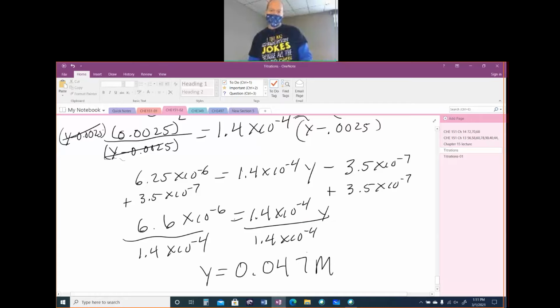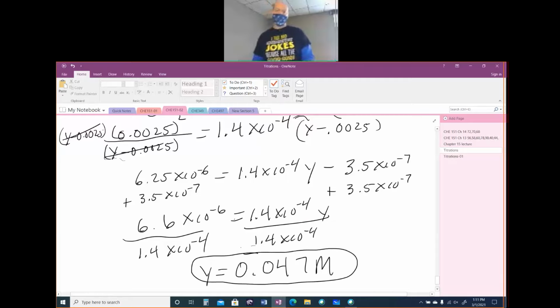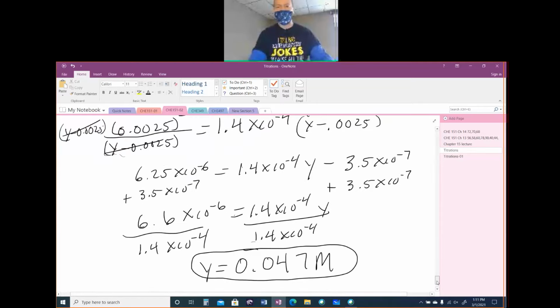And so our initial concentration of our acid is 0.047.